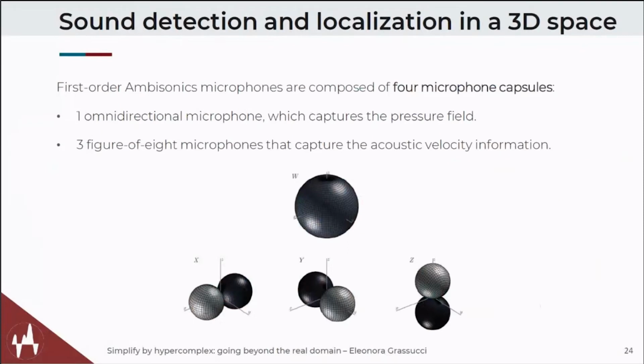Coming to audio, we deal with 3D audio. So basically, we take into account first-order ambisonic microphones that are usually composed of 4 microphone capsules. The first one is an omnidirectional microphone, and the other 3 capture instead the acoustic velocity information.